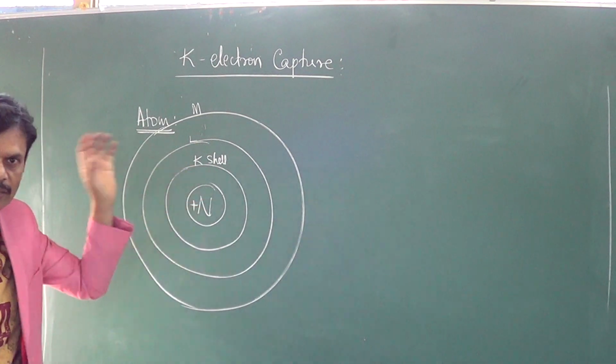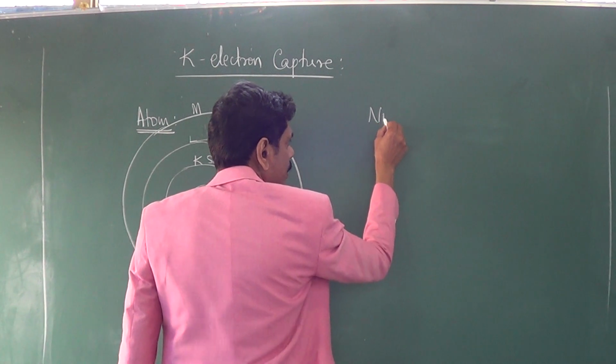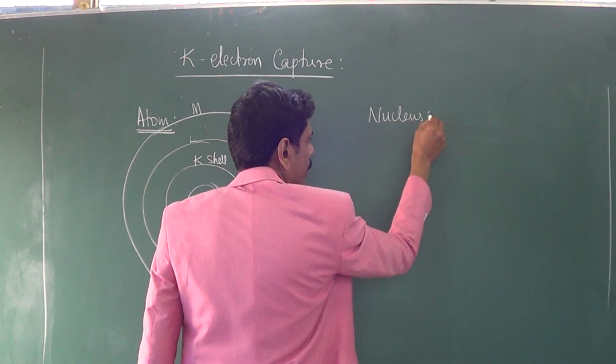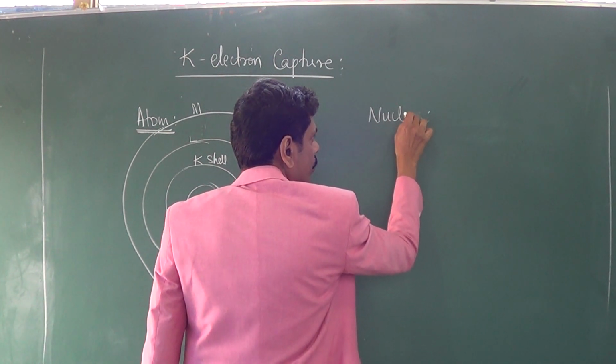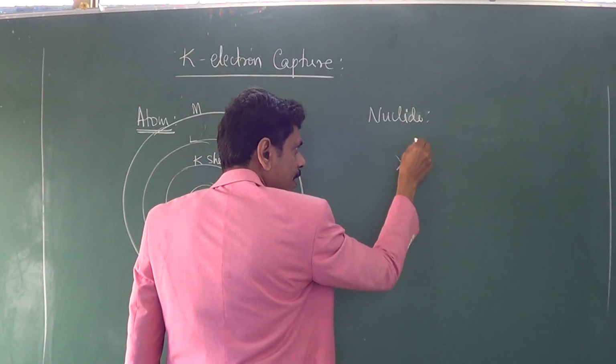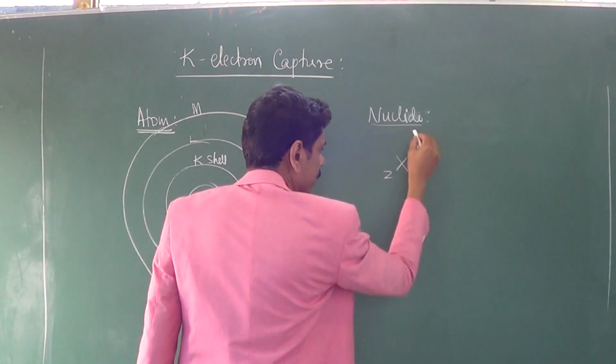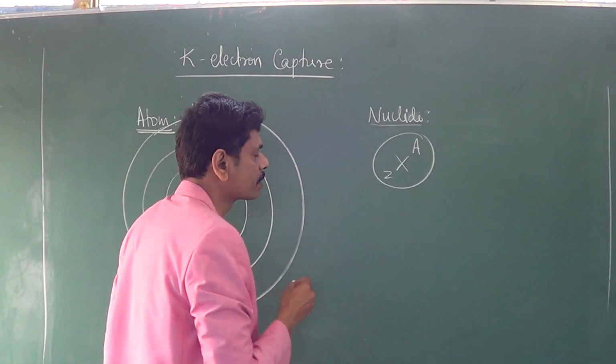Any nucleus can be written as X with mass number A and atomic number Z. That is a nuclide, a single nucleus.